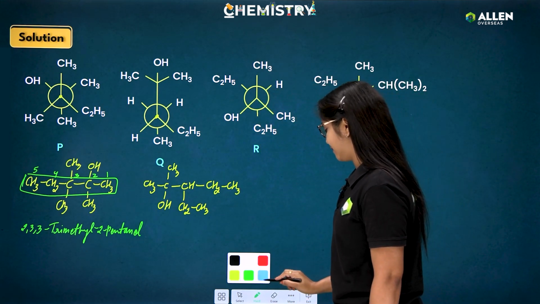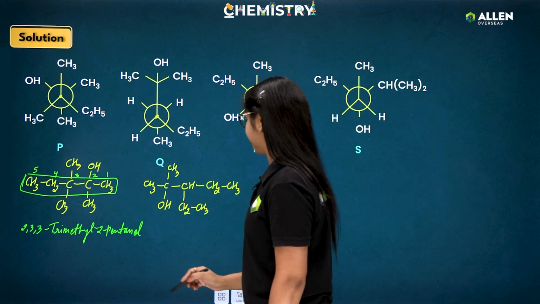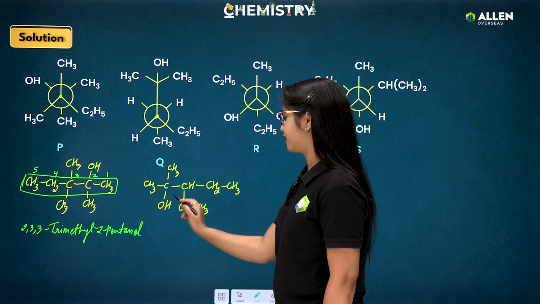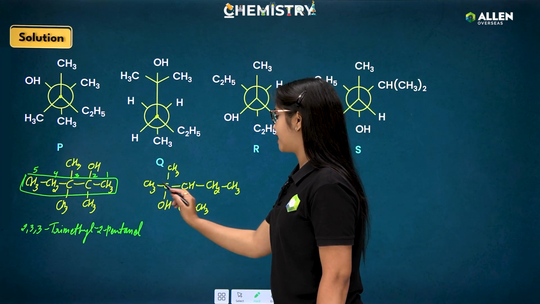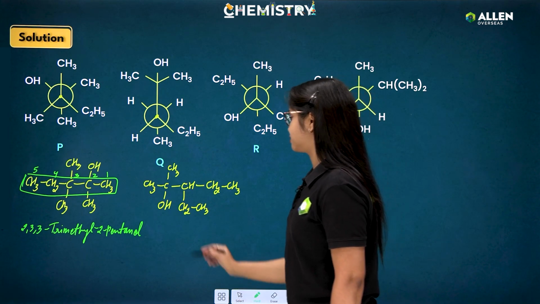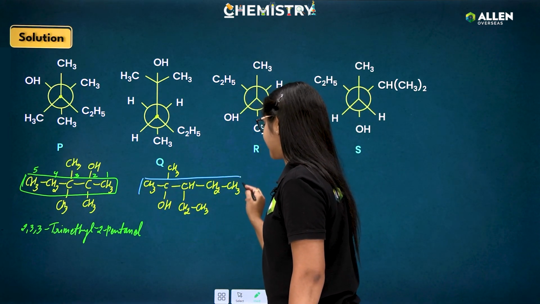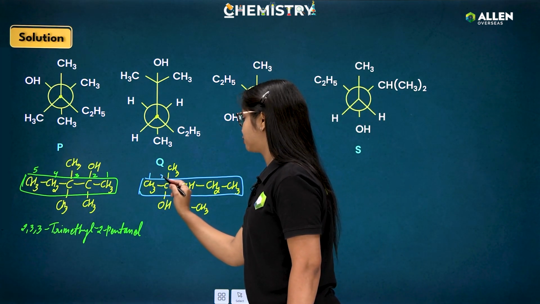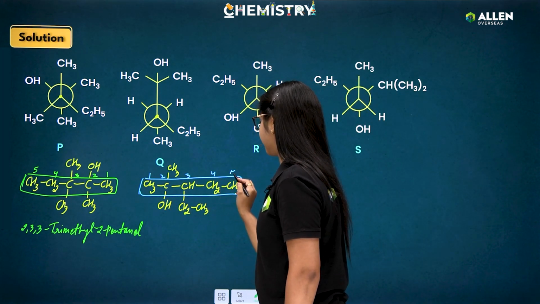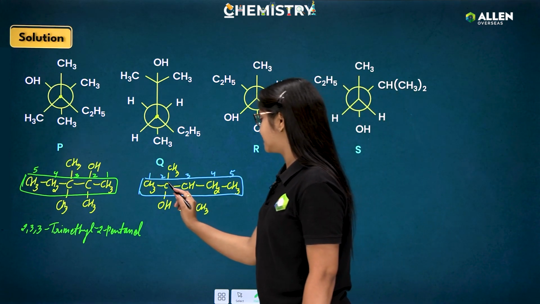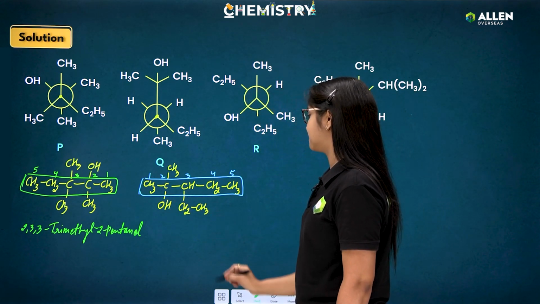If we write the name of this Q compound, what will be the name? What will be the principal carbon chain? Starting from this end, because OH is present at the second carbon. So 1, 2, 3, 4, 5 or 1, 2, 3, 4, 5. So both chains are same. So we can take any one of these, right? So 1, 2, 3, 4, 5. What will be the name of this compound? So here you have methyl at second carbon and ethyl at the third carbon.